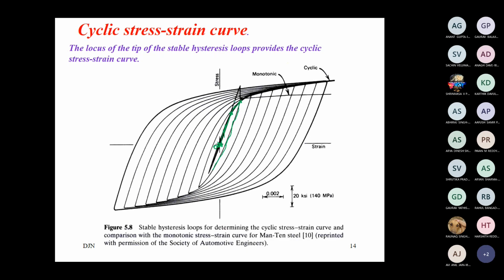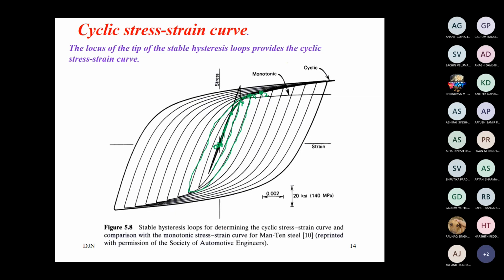Similarly, take one more sample, load it till another level, maybe this is point P, this is point Q. You have the next hysteresis loop. Okay. Then take one more point X, load it till there, and then load it in the compression side.